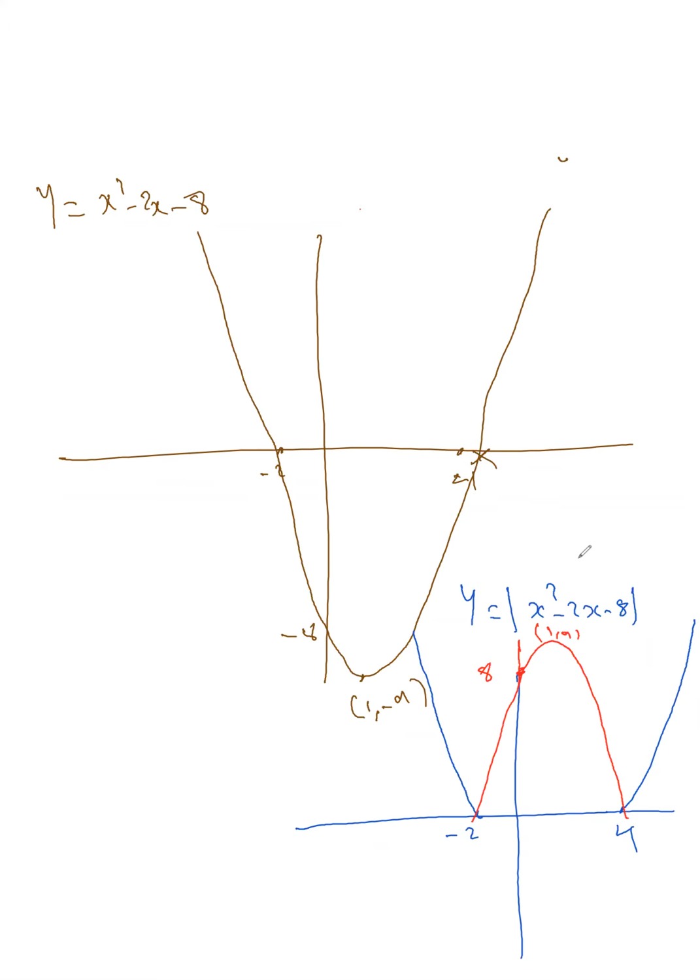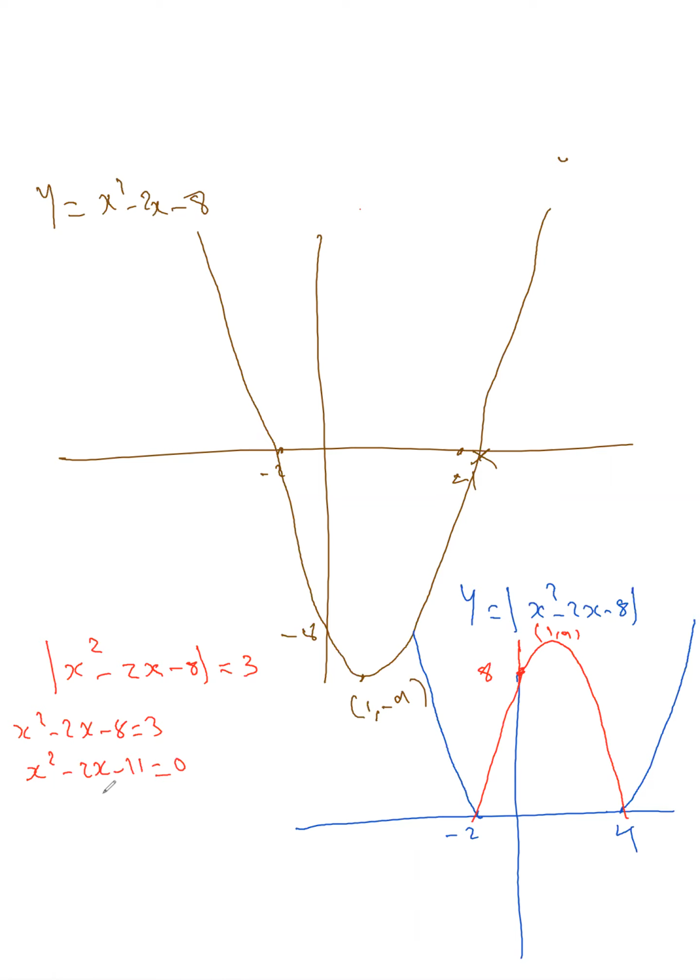Okay. Now if the equation is x squared minus 2x minus 8 equals 3, what do we say here? We say x squared minus 2x minus 8 equals 3. Use the calculator, it will give us x squared minus 2x minus 11 equals 0.